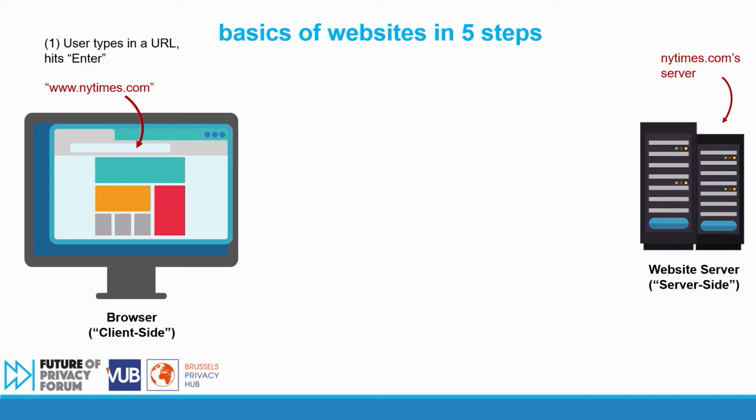We've got a user typing in a URL, they hit enter, and the browser that sits on our laptop or sits on our mobile phone, that is referred to as the client-side part of this ecosystem. That is going to first establish a connection to the website's servers.